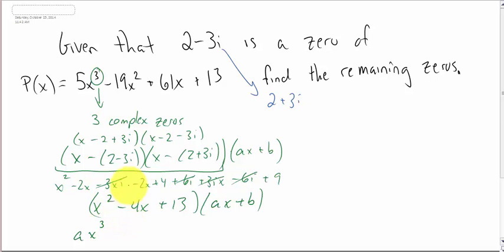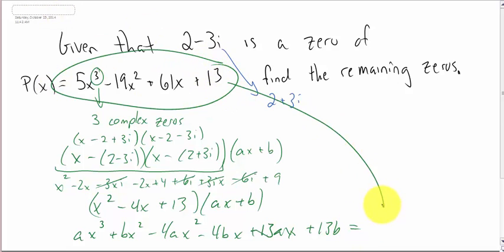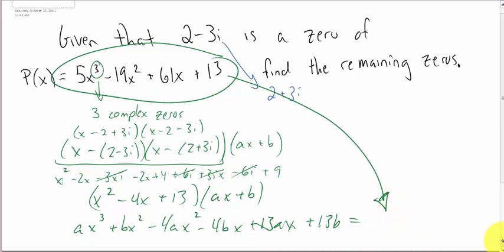So we have ax cubed plus bx squared minus 4ax squared minus 4bx plus 13ax plus 13b, and that has to equal that thing there.